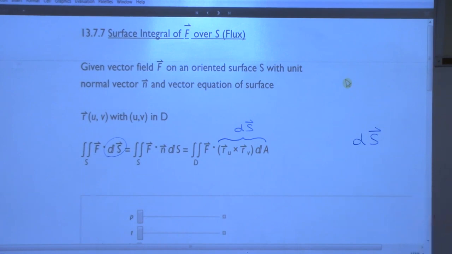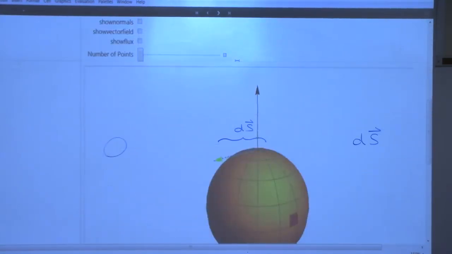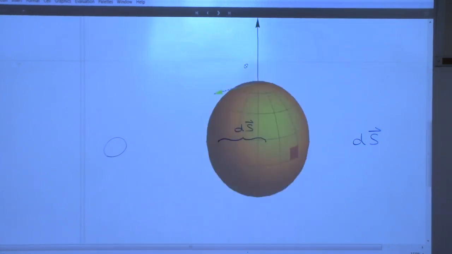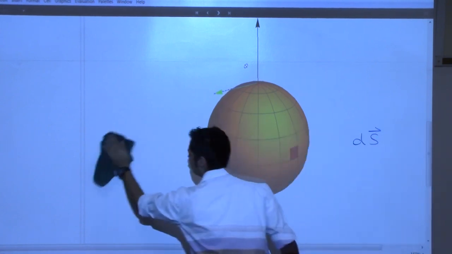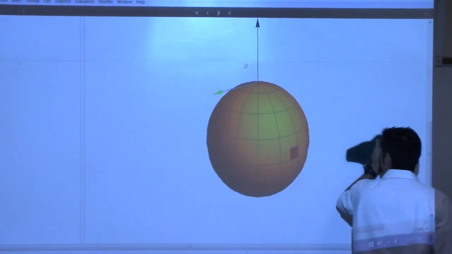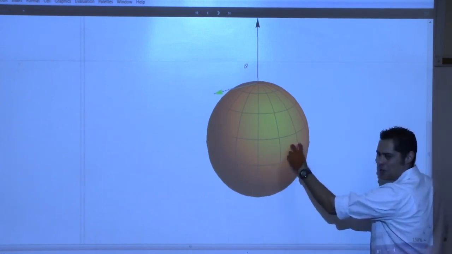Here's my best attempt at trying to explain what it is and what this whole thing called flux is. Okay, and I'm going to use an oriented surface. I'm going to use a sphere as an example. This is an infinitesimal little patch on the sphere, right?